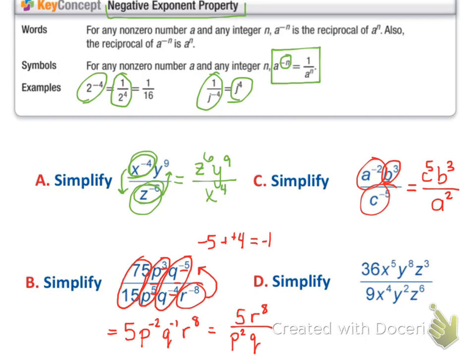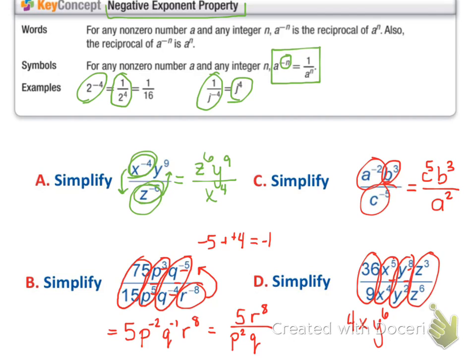Okay, let's try D. 36 divided by 9. Look at those whole numbers. What is that going to give us? It's going to give us 4. Common bases here. Subtract 5 minus 4. Gives us just a plain old x. And then we got common bases again. 8 minus 2. That's y to the 6th.